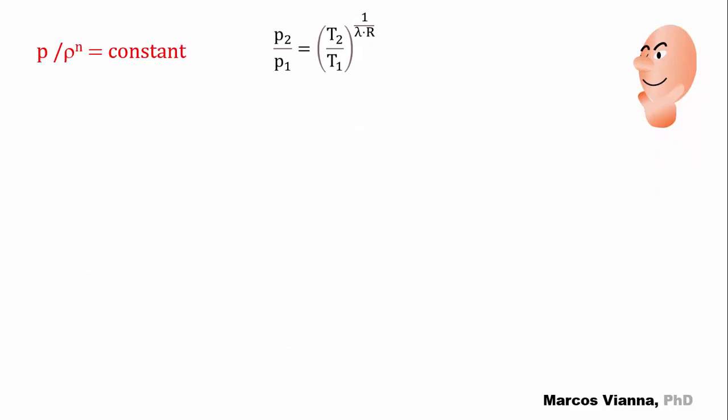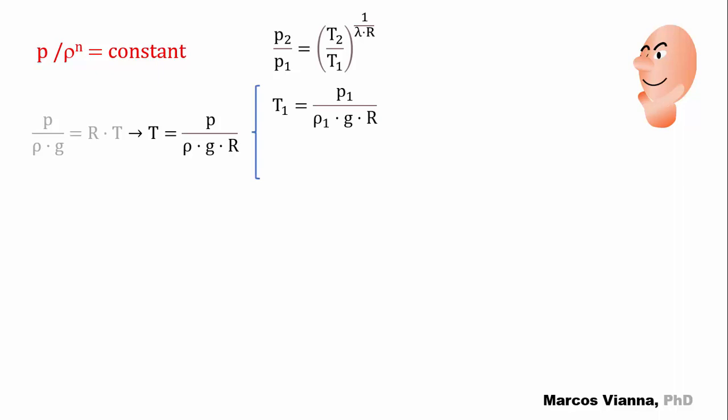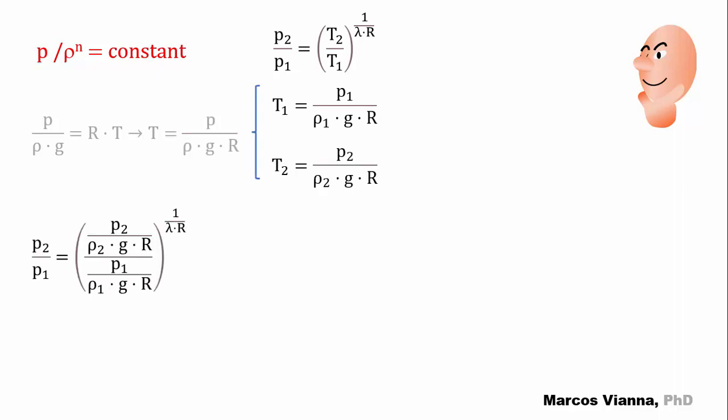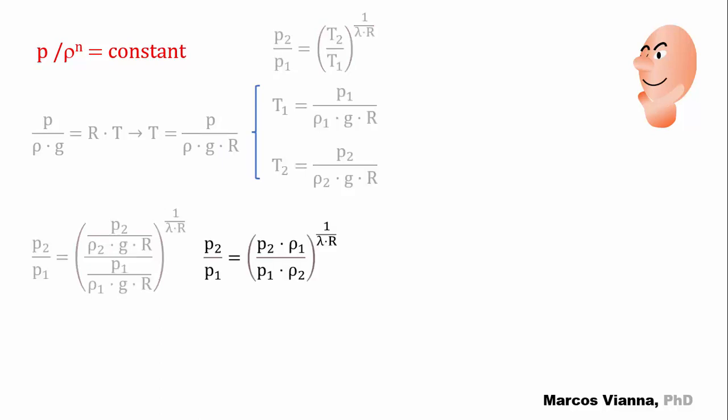It's possible to check if it obeys the polytropic equation, P over ρ to n equals constant. This is the gas law, that we can rewrite in this form. We find this for T1 and this for T2. Substituting the values of the temperature in the upper expression, we find this, which we can simplify to this.